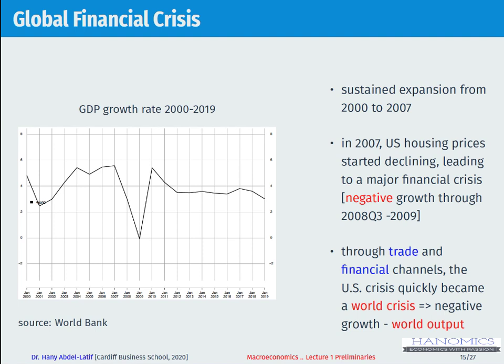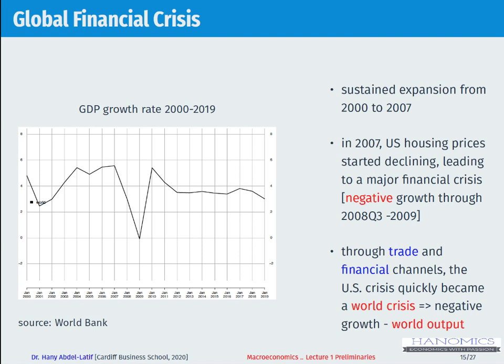And it continued to be negative through 2009. And of course, as I said a few seconds ago, the US is the largest economy in terms of size in the world. Obviously, it has links with almost every country in the world. Countries usually are linked together through international trade, so exports and imports, or through financial links.